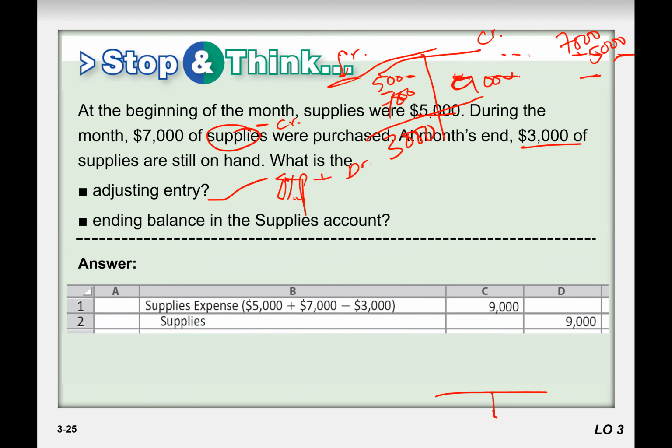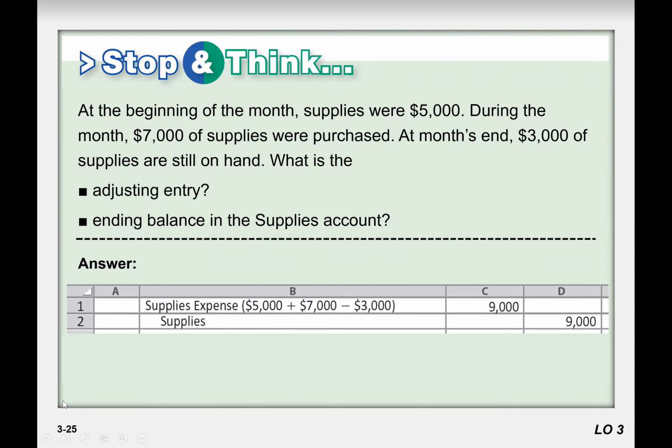So many students are confused why we are writing two supplies. Remember, these are not two same accounts, okay? This is the name of the account, supplies expense. Since we want to know that this 9,000 belongs to which account, it is supplies, so that we know this expense is coming from supplies, to segregate the expense.